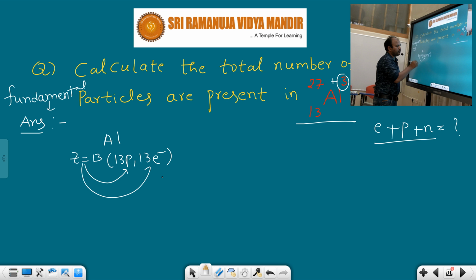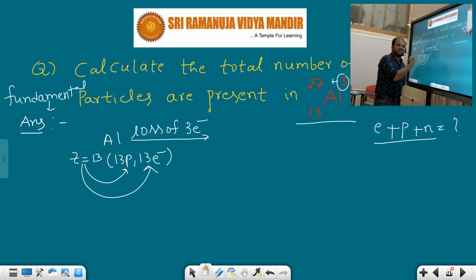That's why aluminium loses how many electrons here? 3 electrons donated. Why does the aluminium atom donate electrons? Because it attains stability. Aluminium is less stable, but if it loses electrons it gets stability. So whenever aluminium loses electrons, you have to put a plus. How many electrons lost? 3. So aluminium loses 3 electrons.